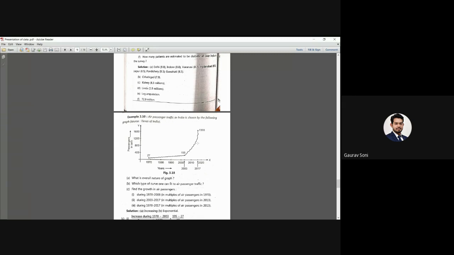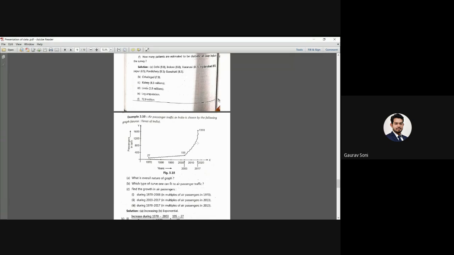If I get a function f of x which is nearly equal to this data, then in that function I'll calculate f of 2021, and I will get the estimated number of air passengers in the year 2021.